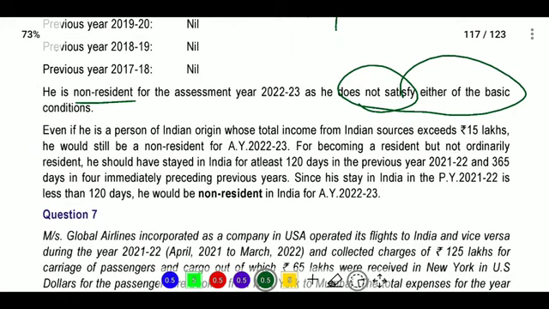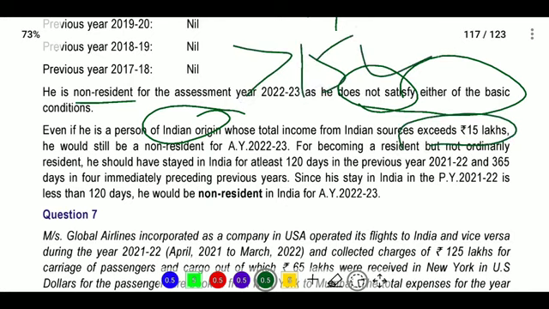And for a person of Indian origin whose total income exceeds 15 lakhs, he would still be a non-resident for assessment year 22-23 for becoming a resident but not ordinary resident.